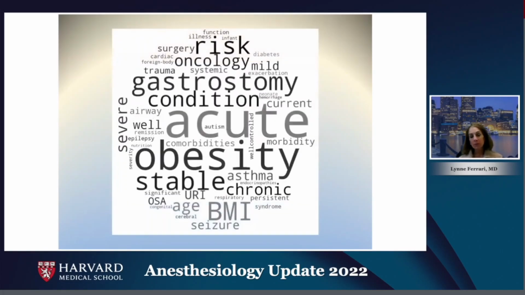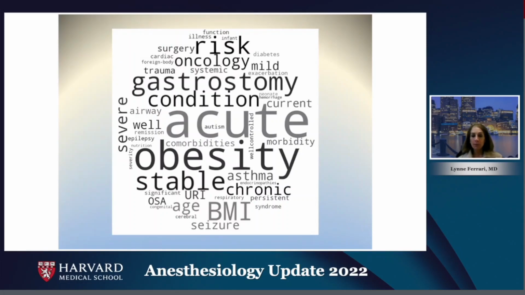And what we did, as a fun little offshoot, was a word cloud of all of the different responses that came from that multi-institutional study, to see what kinds of things providers were really concerned about. And interestingly enough, they wanted to know what do you do with patients who have a gastrostomy tube?